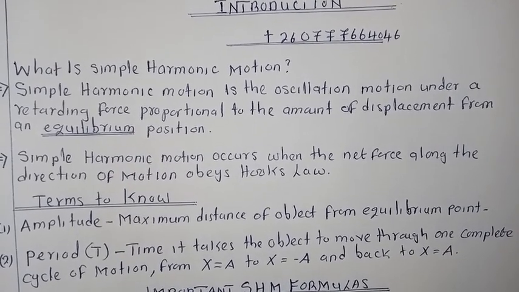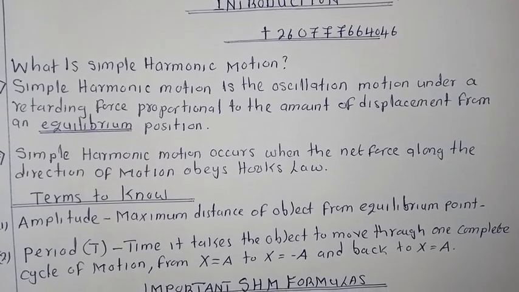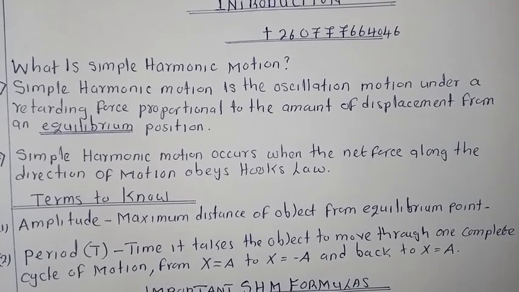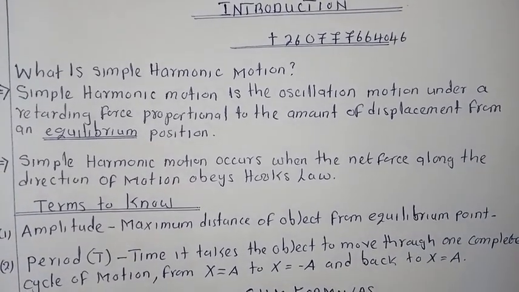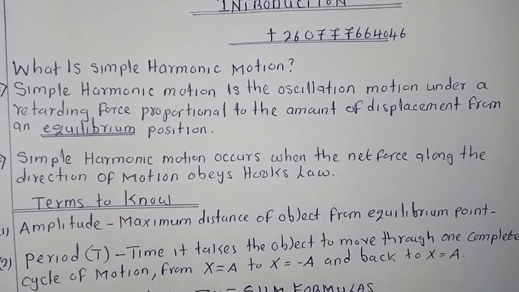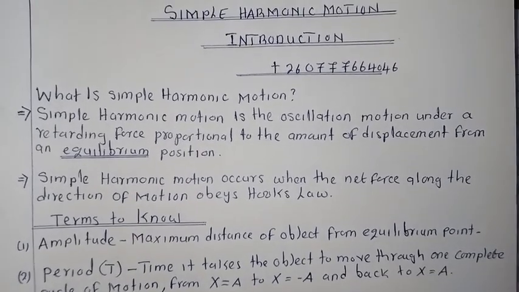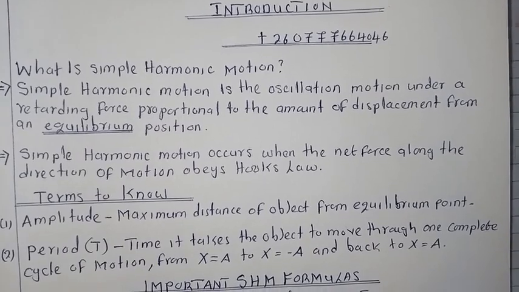So there are three things involved. You expect it to have some mass, some force to be applied in order for it to be compressed or stretched, and at the same time it covers a certain distance. You need to make sure that you take all those three things into consideration.